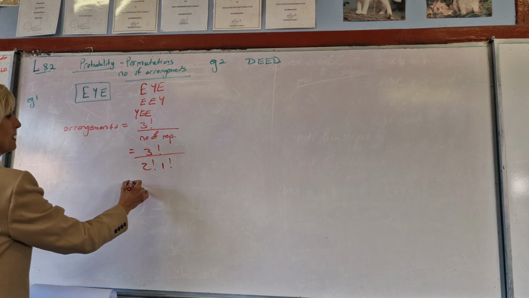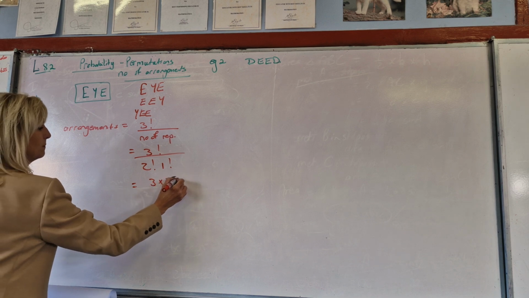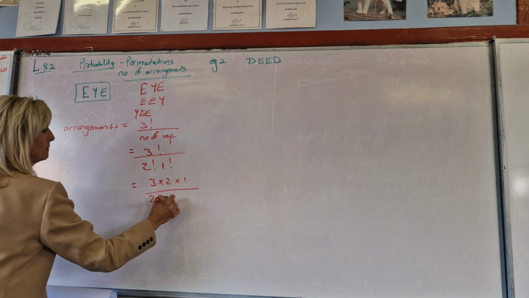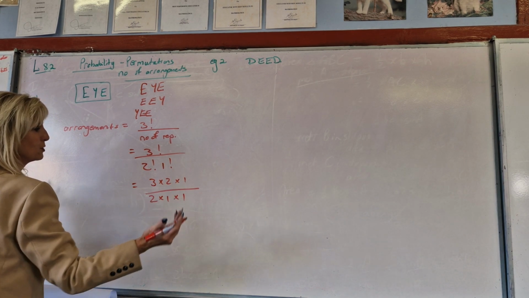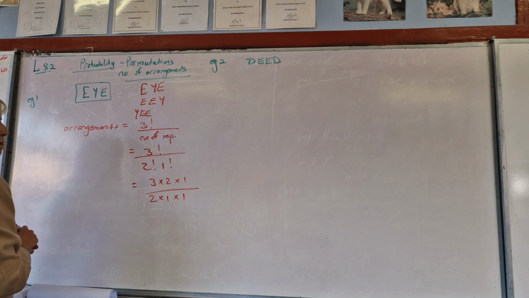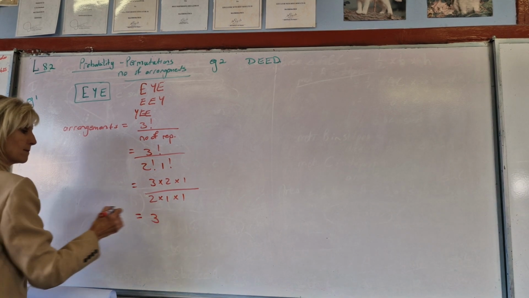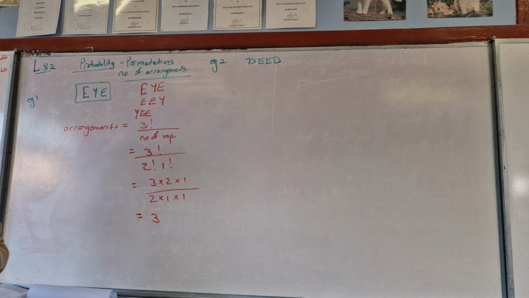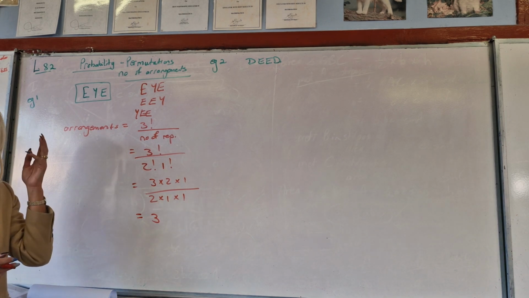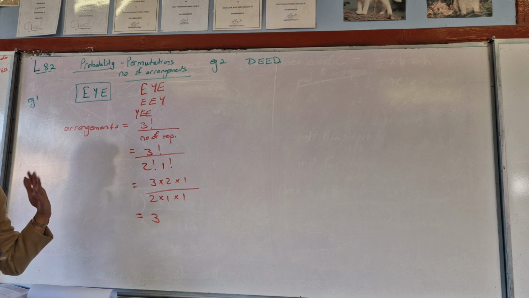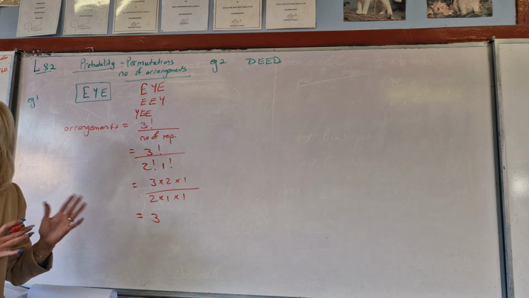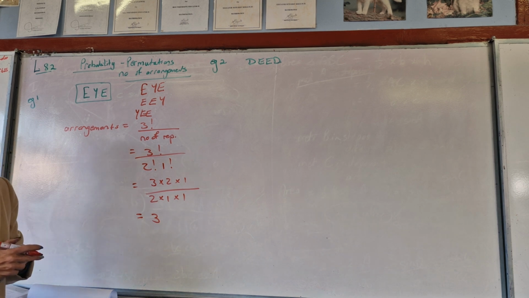So you've got 3 factorial over 2 factorial times 1 factorial, which gives 3 ways. Now guys, you didn't have to do that. If you could just figure it out in your mind, you wrote me the answer of 3, you would get your 2, maybe 3 marks. That's it. So let's have a look at another example.